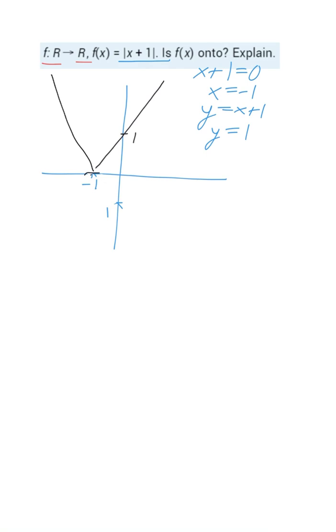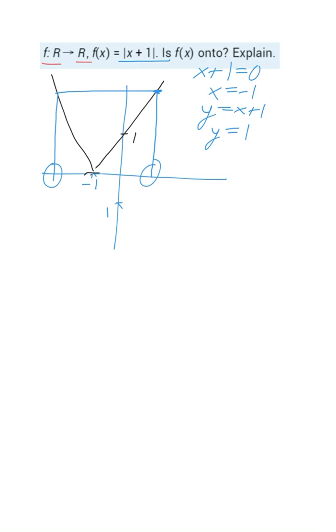So we need to see now, is this an onto function? So that means for every input there's one specific output. Okay, so let's say I have a point here, I'm going up here. Okay, and I can see I have an output here, but that would also be the same output over here if I had an input of there.